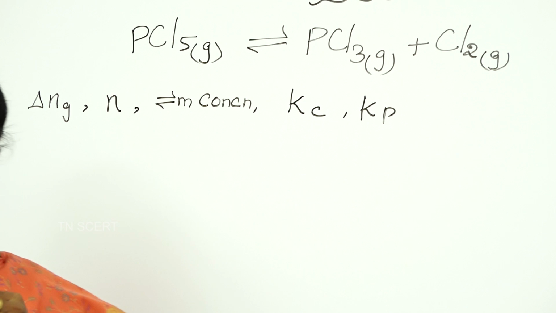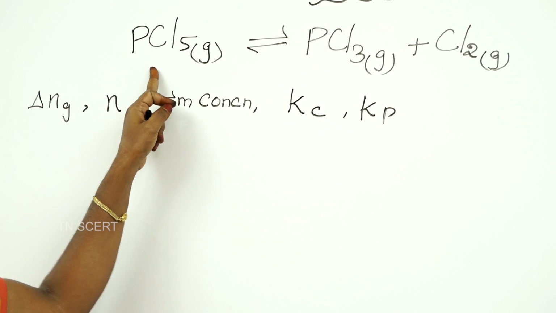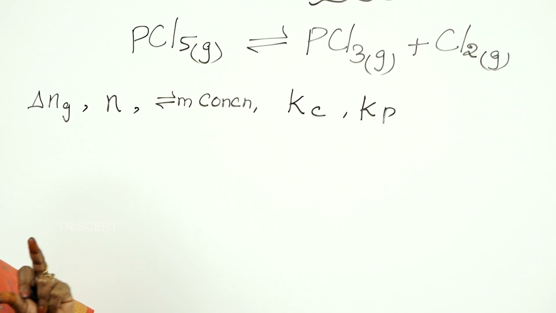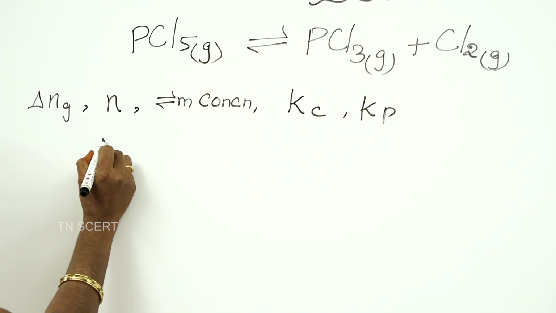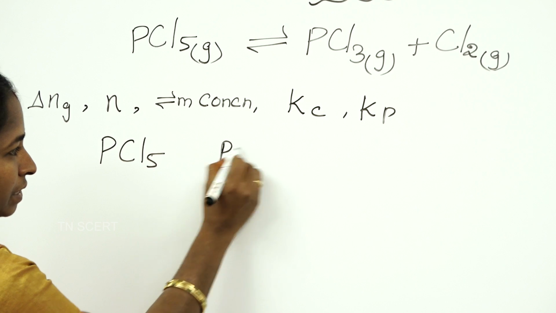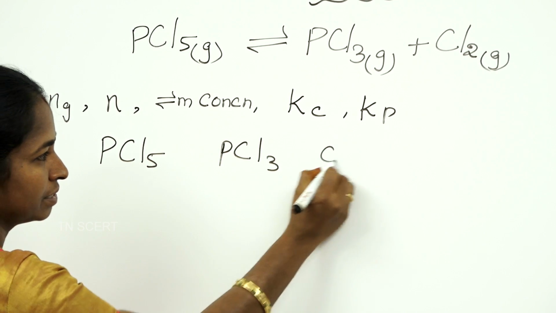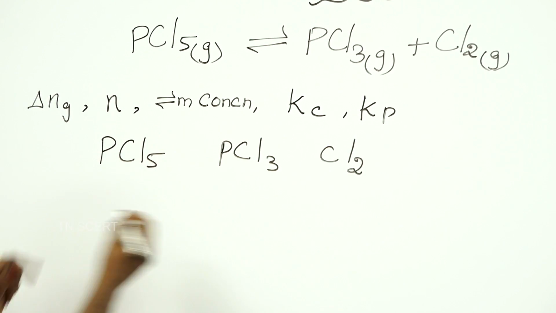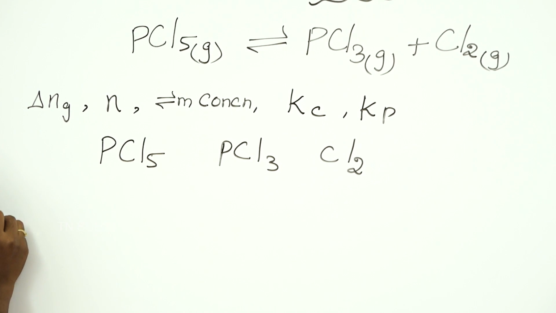Initially, we have A moles per liter of PCl5. Initial number of moles is A moles of PCl5, like this PCl5, PCl3 and Cl2.